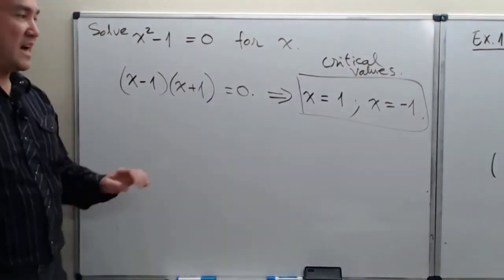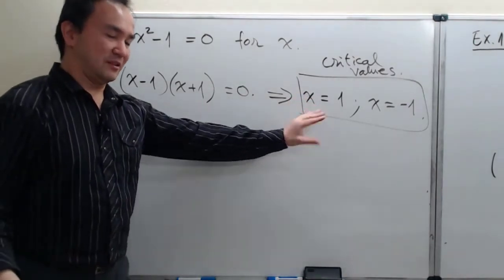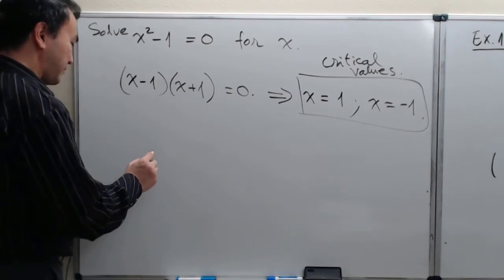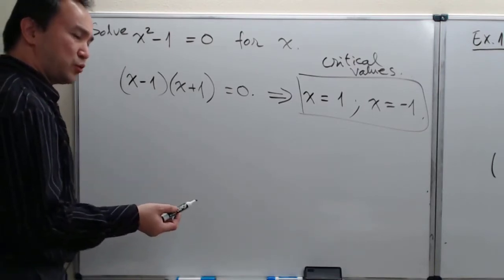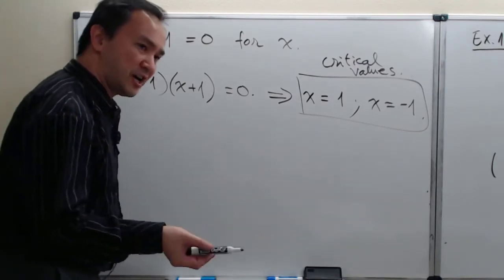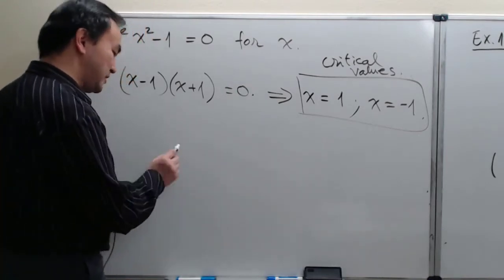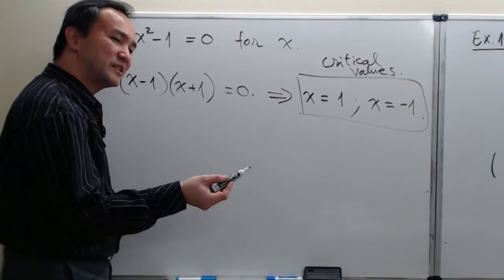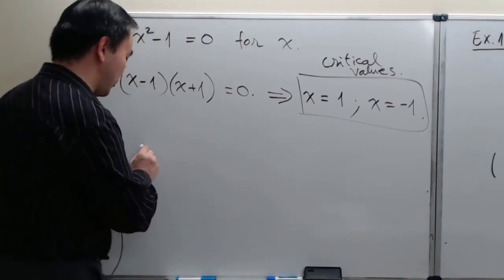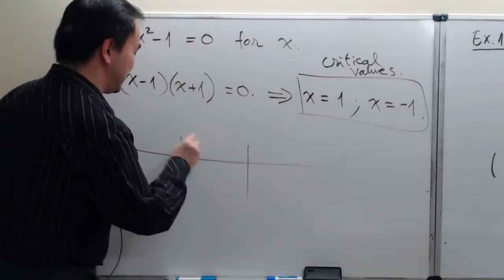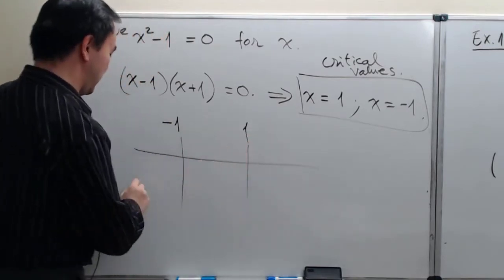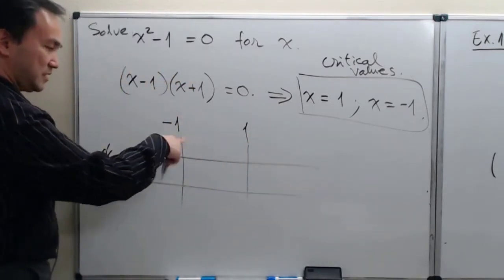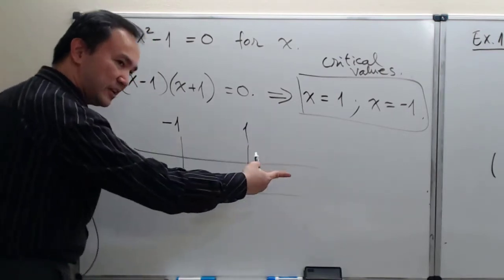But that's not our final answer. Here's the idea: we don't need a sign chart. Back in earlier lessons, with the first derivative test, we would build a sign chart with negative 1 and 1, and check the intervals where the derivative is positive or negative.